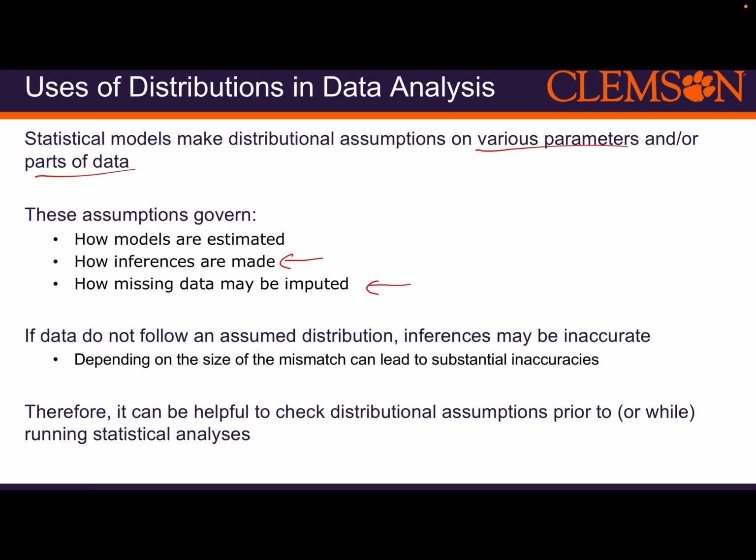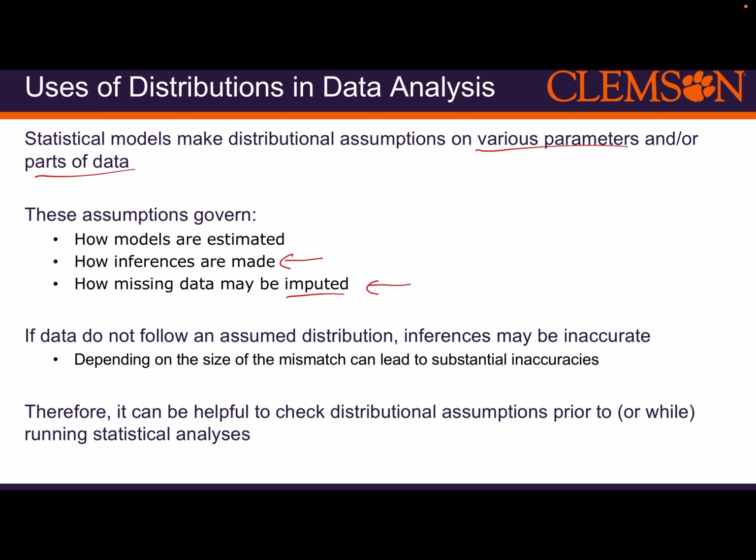And if you have a mismatch, right? Let's imagine we wanted to collect whether or not a person took a nap on a given day, 0 or 1. If we use a continuous distribution for that, we're not going to have an accurate representation if we were to impute or fill in data. We would have to find a distribution that would result in a 0 or a 1. Right?